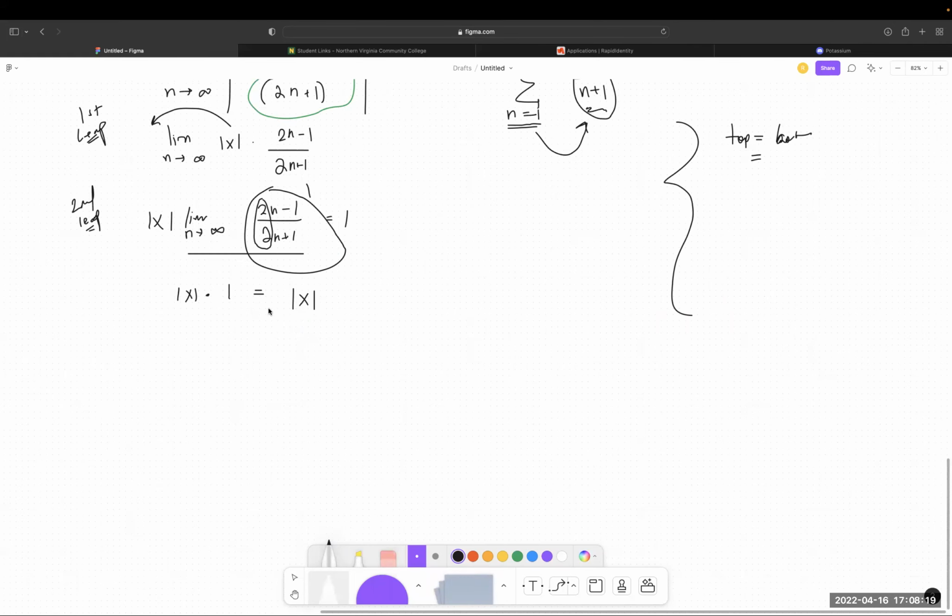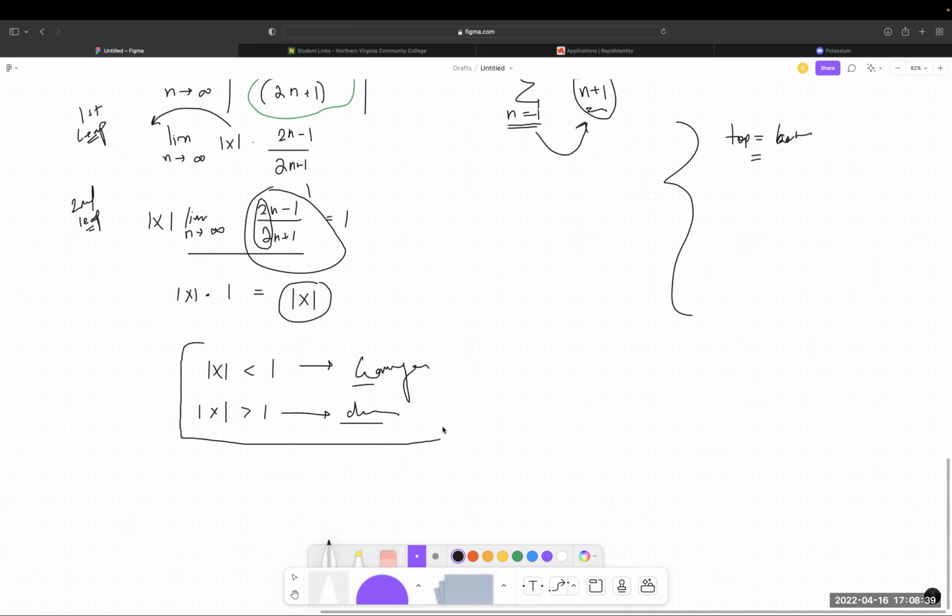In this case, we don't really know if it's greater than 1 or less than 1. So what do we do? Well, we say that if the absolute value of x is less than 1, then you essentially converge, okay? And if the absolute value of x is greater than 1, then you essentially diverge. And that's sort of the idea. And we want to form an interval around this.